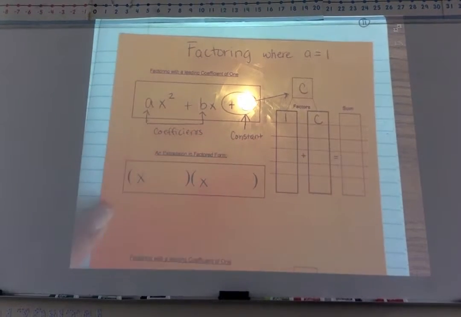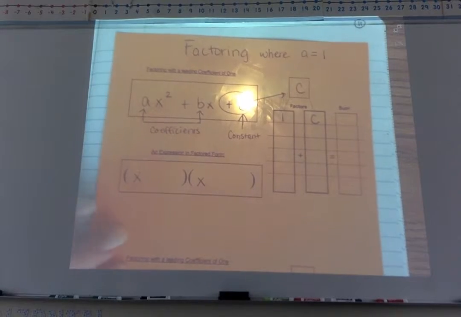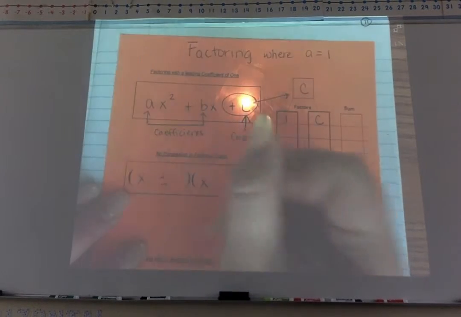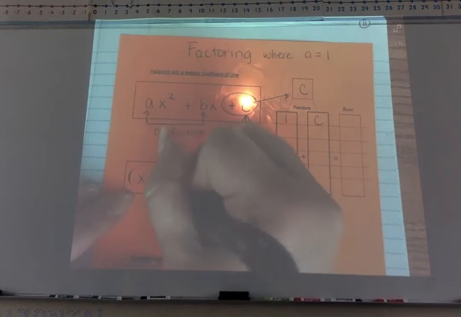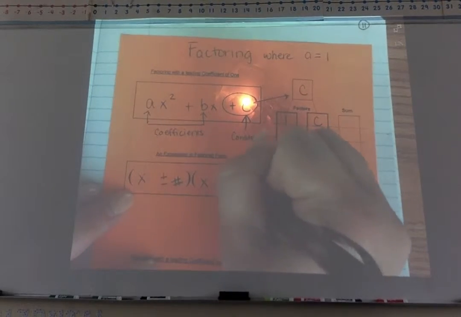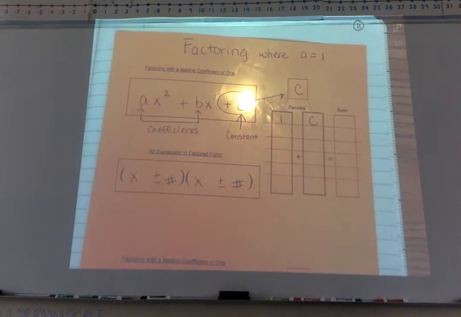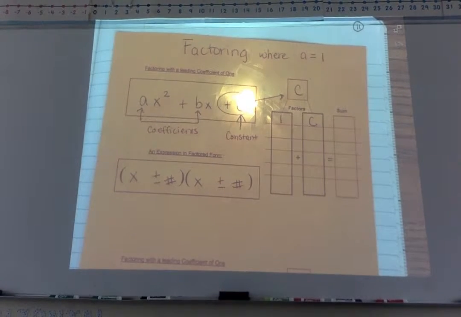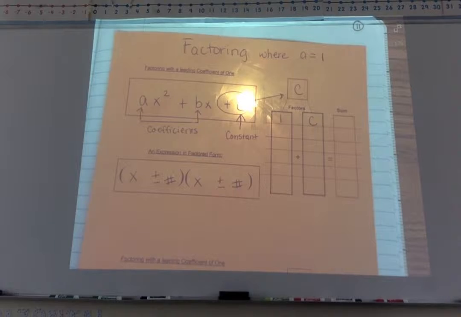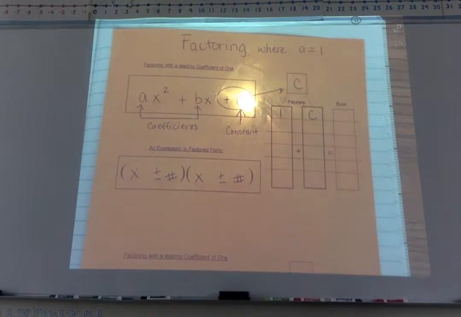So we need those x's in the beginning. And the signs are either going to be addition or subtraction in between, and then we'll have a number that comes from the factored list as the second part of the factored form. So again, it should still be a little confusing because we haven't actually done an example yet. Essentially, that's what it's going to end up with.